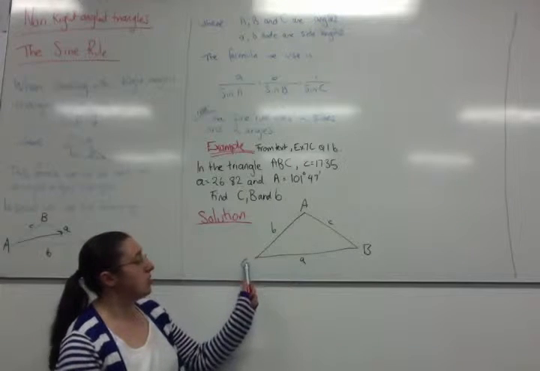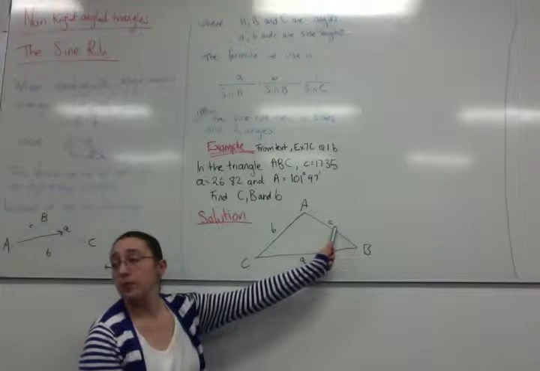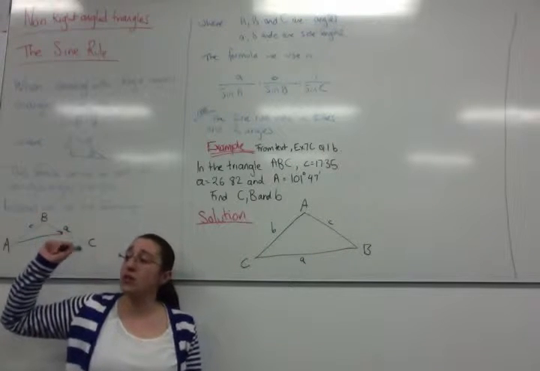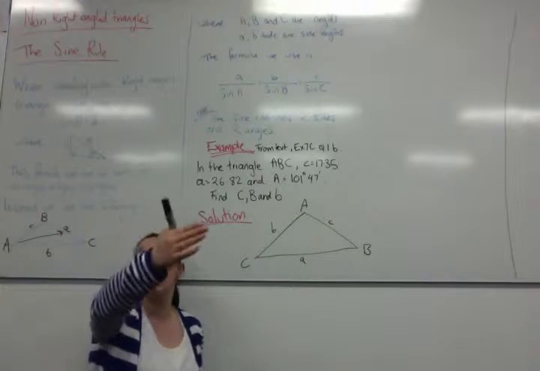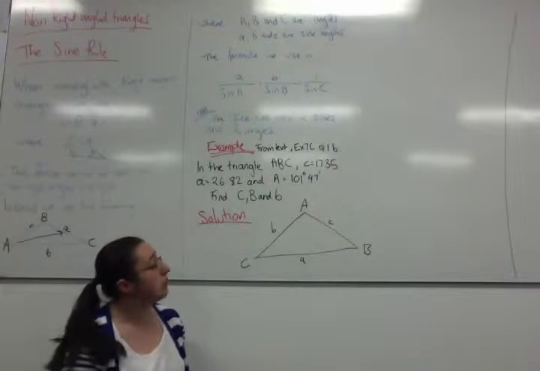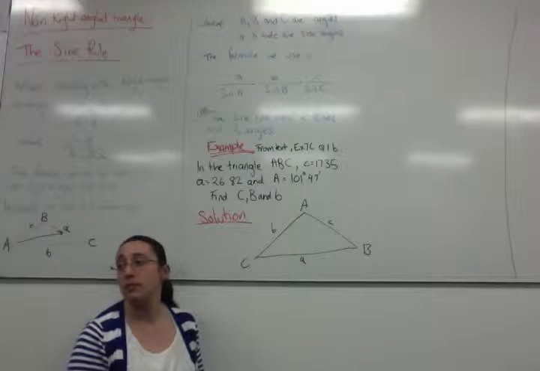So the angles are directly opposite the side. It doesn't have to match that. The order doesn't matter that you put them in, as long as the angles match the sides that are directly opposite. So say A's there, but you could have put it like that. I could have if I wanted to, it wouldn't make any difference.